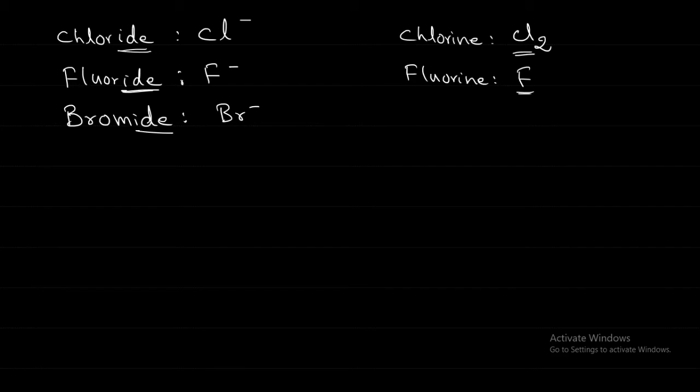Water, H2O. Okay, it is the oxide of hydrogen. Dihydrogen oxide is water. So if you remove these two hydrogens, what charge will you get on the oxygen? 2 minus. Okay, in this way you can remember very easily. Oxide, O2 minus.